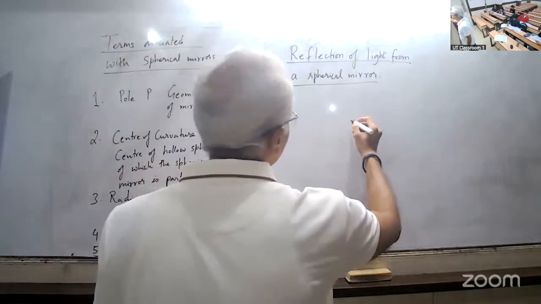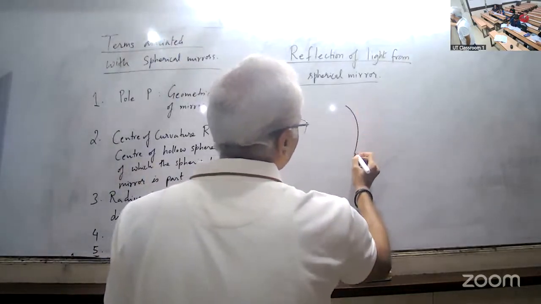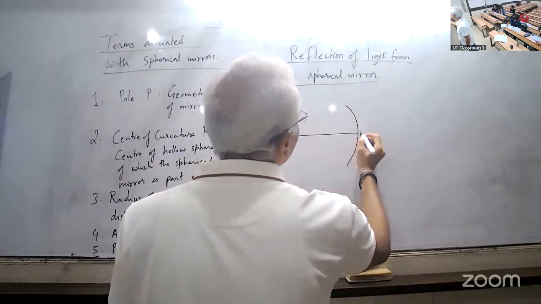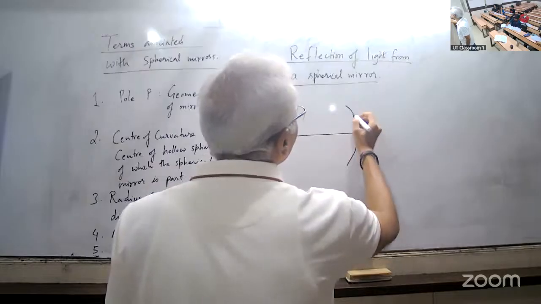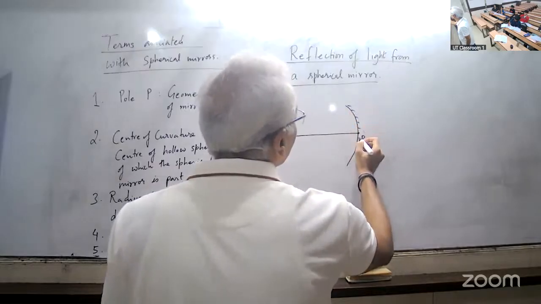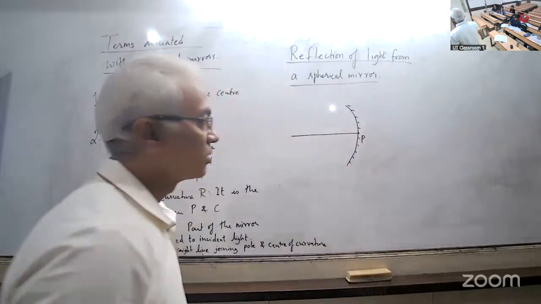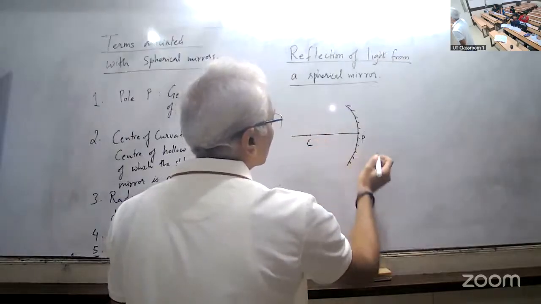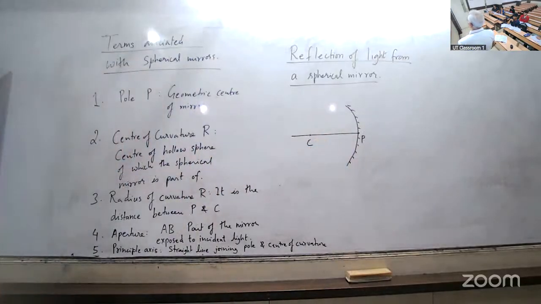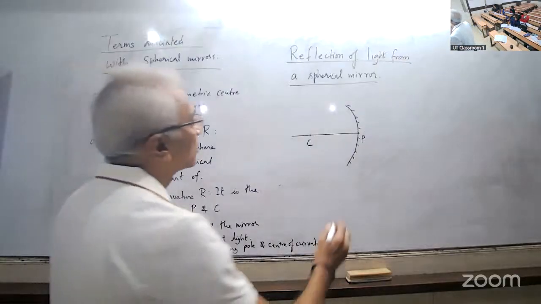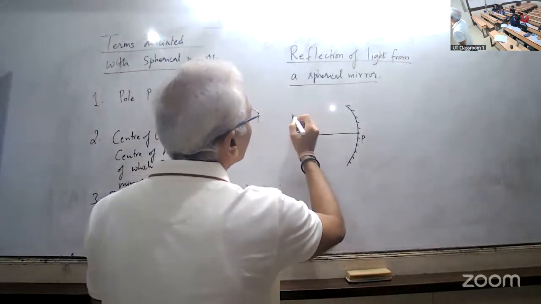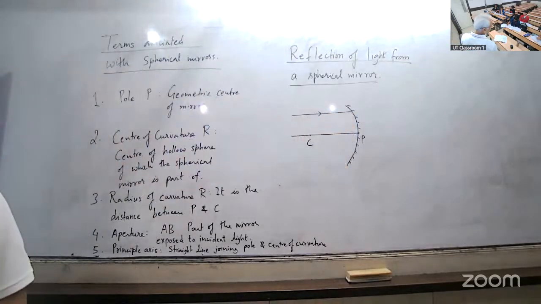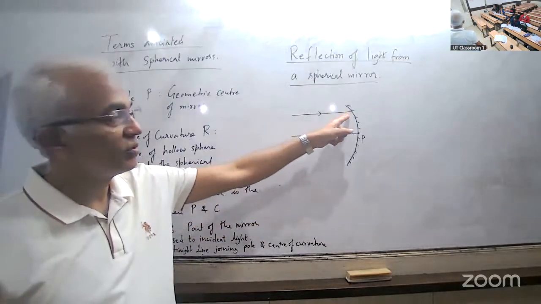So first case, let us discuss concave mirror. So this is the first thing we'll draw. Then we'll mark C. Now whenever light is incident on a mirror parallel to the principal axis. Okay. So this is the point of incidence on the mirror.